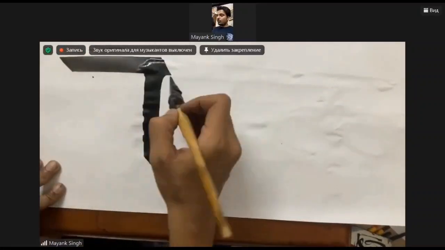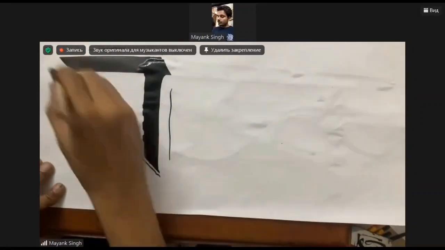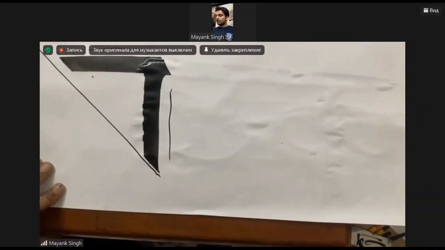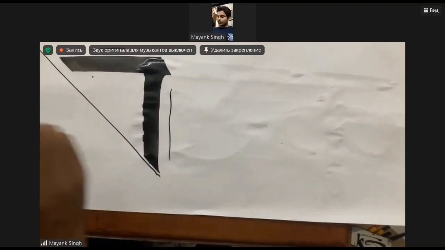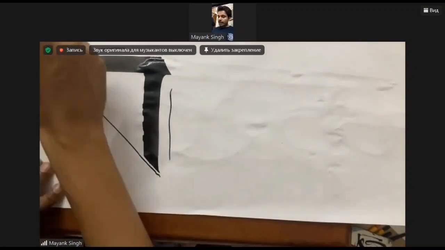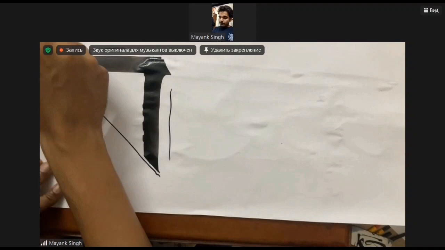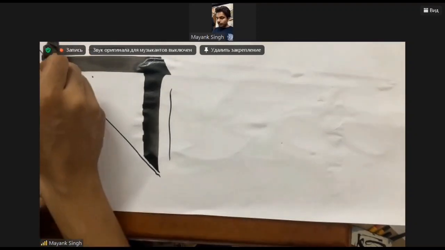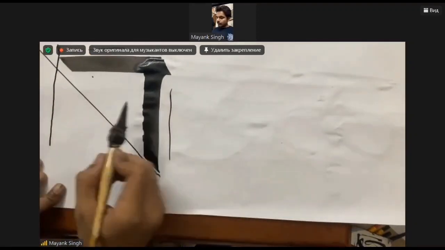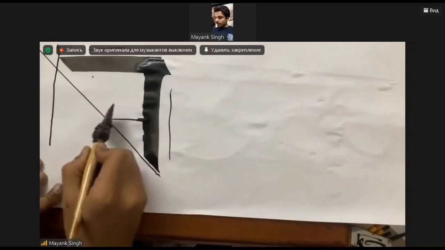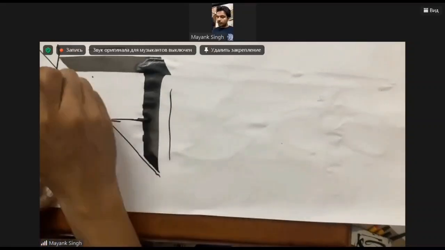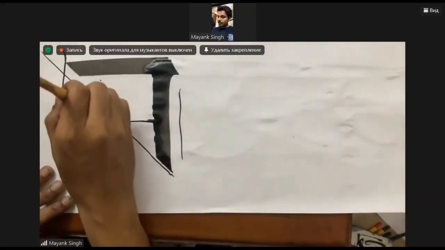It should be almost equal. You see, this is almost equal. And from the beginning of the first stroke and the middle of this stroke is where you begin your cha.